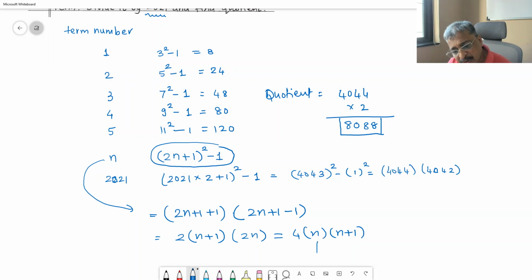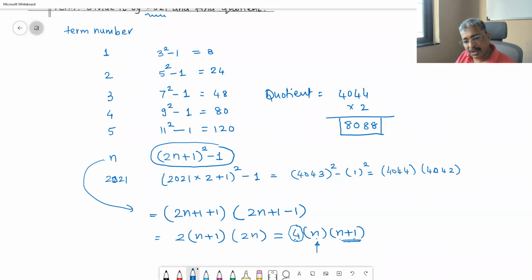So if your n value is any natural number, if it is even, then it will contribute 2 to this 4 from the n, and if n is odd, then n plus 1 is going to be even. Therefore, this bracket will contribute 2. So we already have 4 with us, and one more 2 is required for this number to be divisible by 8. If n is even, this first bracket will contribute 2 to this 4 and becomes 8.